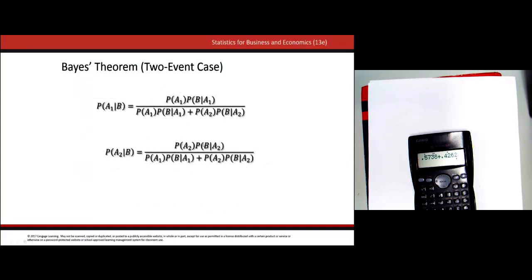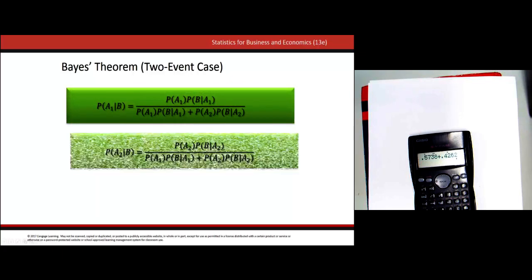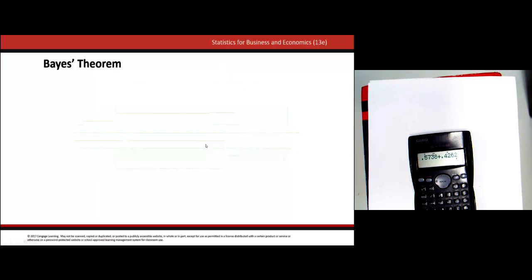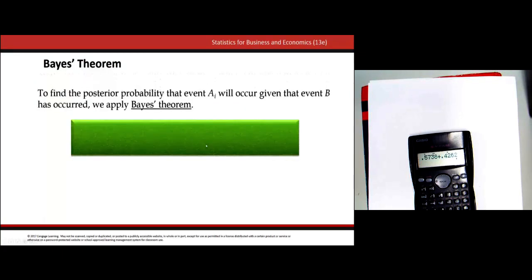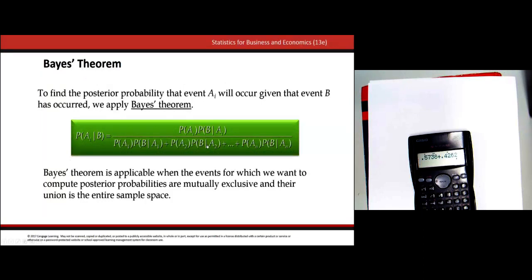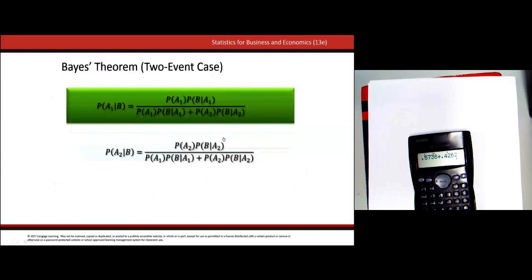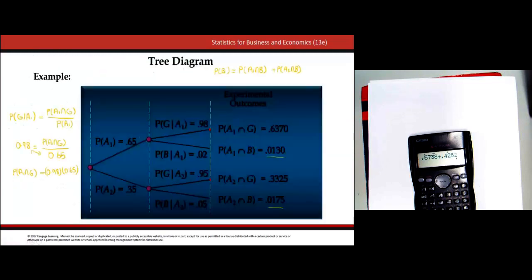This provides the formulas for the two event case. But you can have more than two events. You can have n events, such as if you have 5 suppliers. If you look at the tree diagram, if you had 5 suppliers, from which you can get good and bad parts, then you will have 5 branches here.